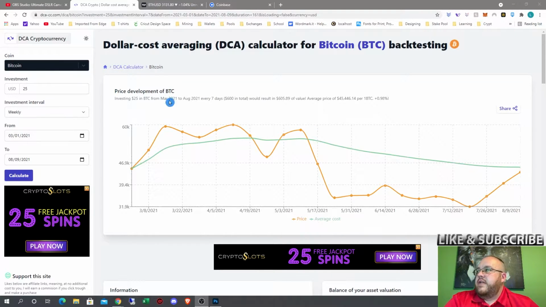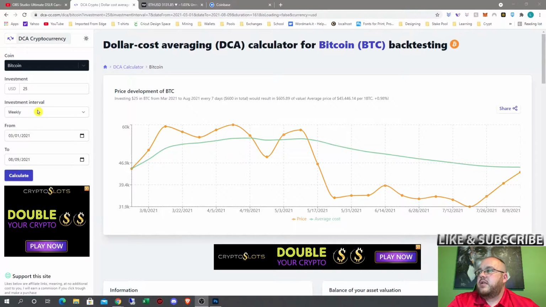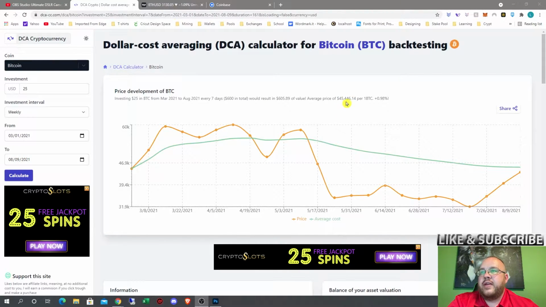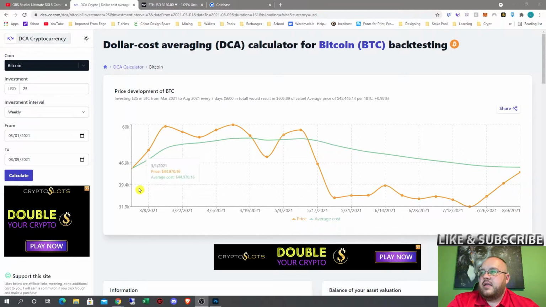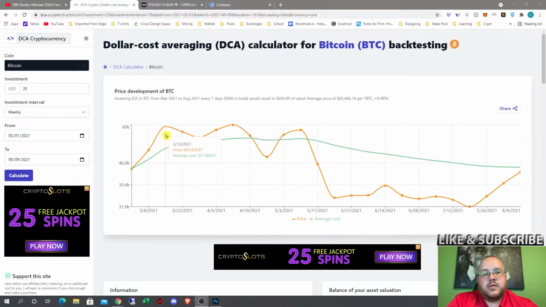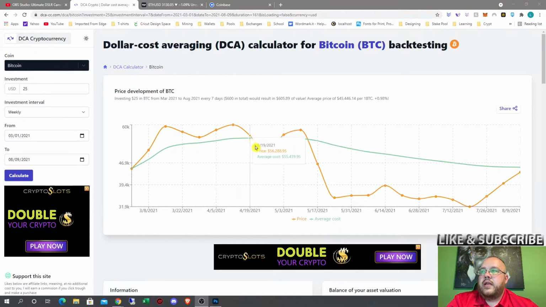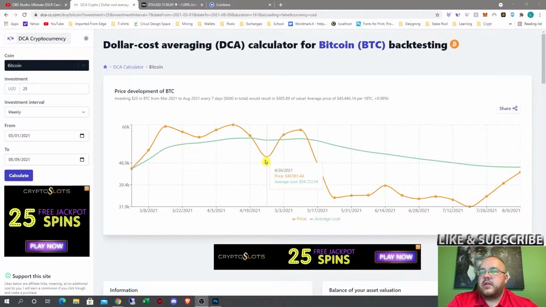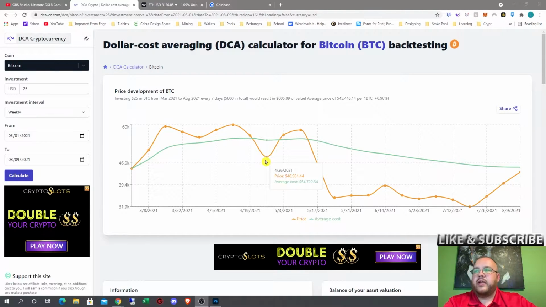So as you can see, if you spent $25 a week, and if you started on March 1st this year, right now your average price would be $45,000 per Bitcoin, and you would be up 1%. Now keep in mind, you would have bought Bitcoin from $44,970 all the way up to $59,000. Then as you can see, the price does like waves, up and down.